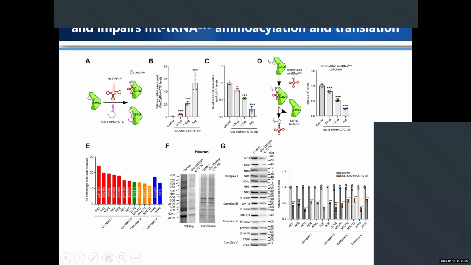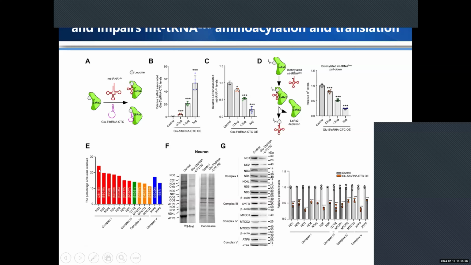Then the final result is that mitochondrial translation is disrupted. Why is LARS2 so important for mitochondrial translation? We analyzed all 13 proteins translated in the mitochondria. We found a very common feature for these 13 mitochondrial proteins is that the leucine content is really high. The number one is ND3.